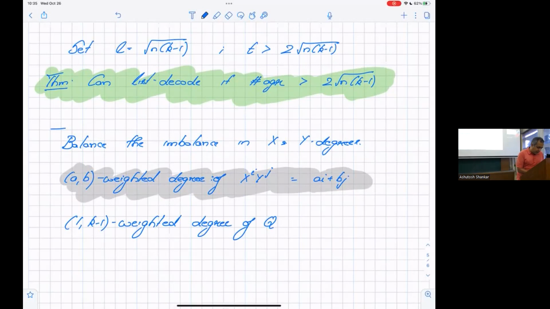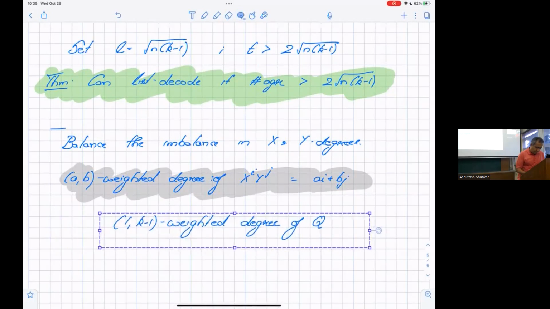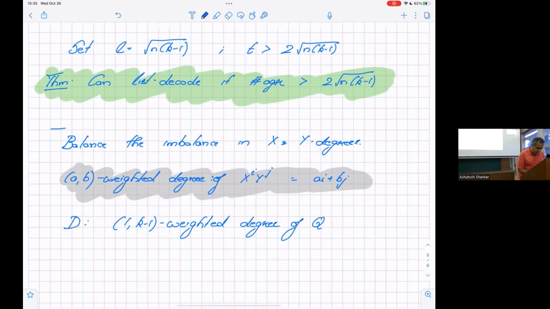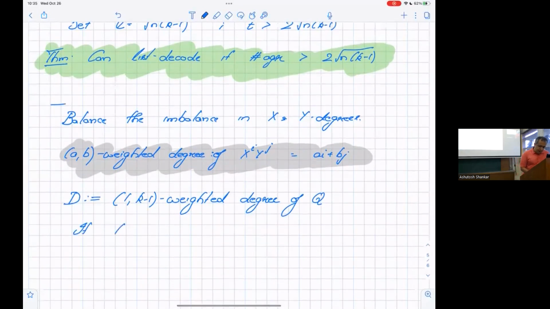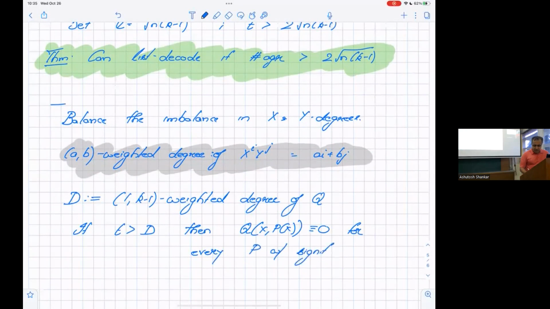So let's define d to be the (1, k minus 1) weighted degree of Q. So by the same argument as in the plane, if t is larger than d, then Q of x comma p of x is identically 0 for every p with agreement at least t.